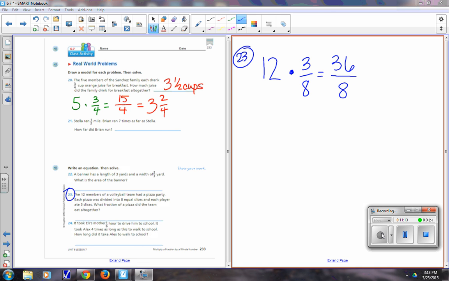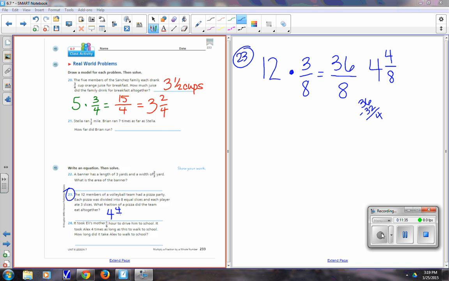So I know that 8 goes into 36 4 times, and that's 32. So 36, take away 32, I have 4 left over, which is 4/8. So the team ate 4 4/8 pizzas.